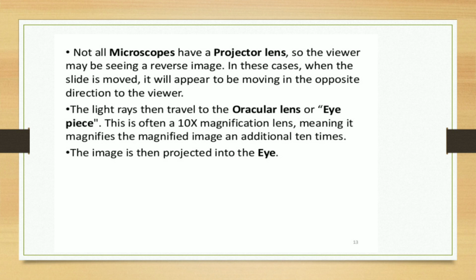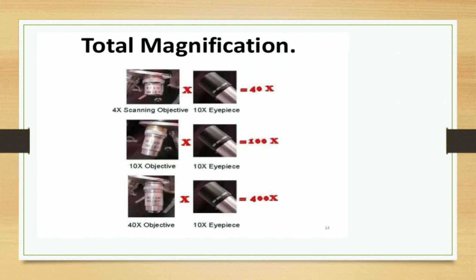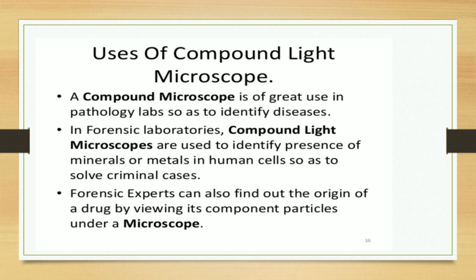In this way, magnification is obtained. So, see, this picture is totally about the magnification, 4x that converts into 40x, then 100x and 400x. So these compound microscopes have a lot of uses.